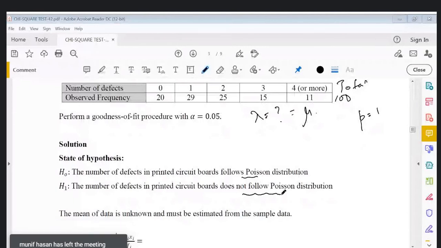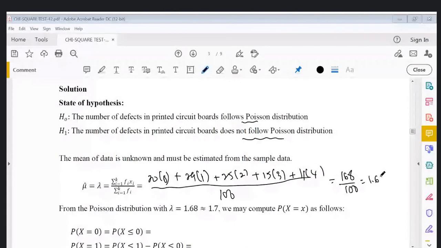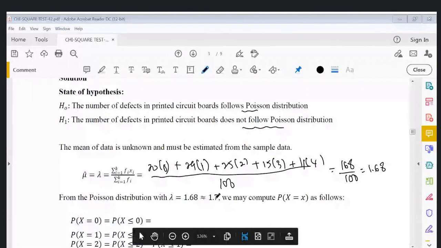When you calculate here, we get 1.68. Normally we just use one decimal place because the table has just one decimal place. We just take 1.7. We just use lambda 1.7.